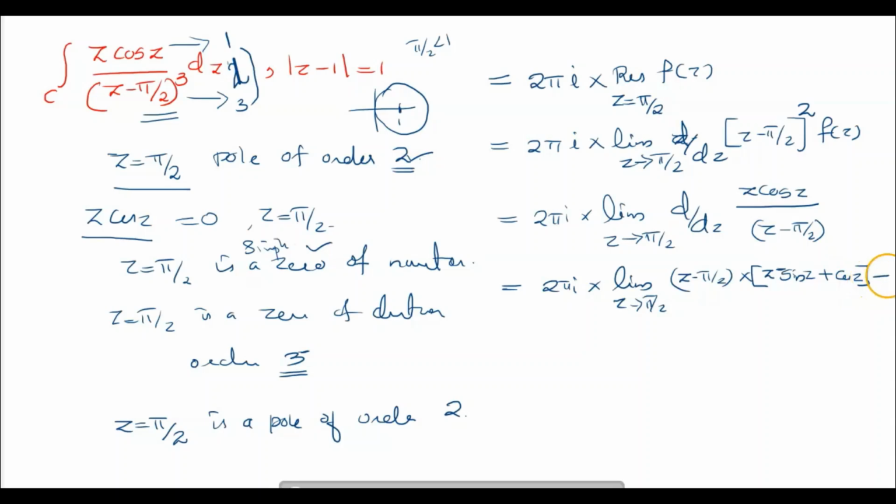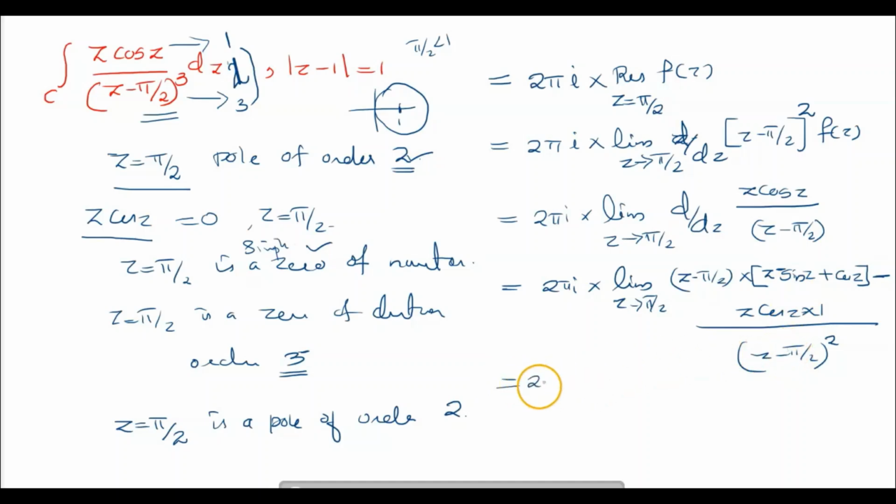Now minus numerator into derivative of denominator, which is 1, divided by denominator square. Now when we put z equal to pi by 2, the denominator has z minus pi by 2, so it is 0, and cos pi by 2 is also 0. Therefore numerator 0 and denominator also 0.